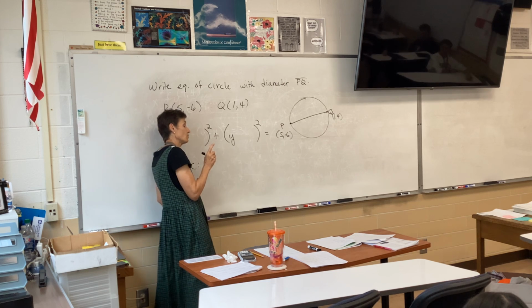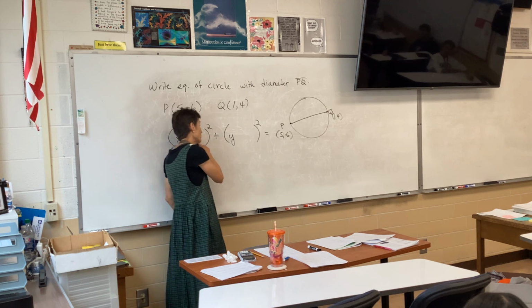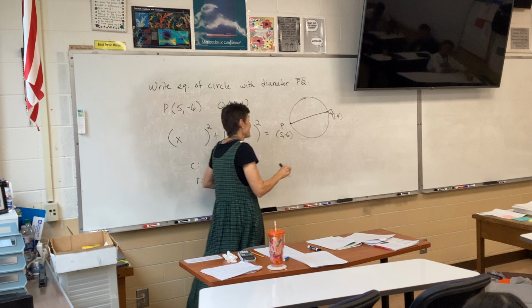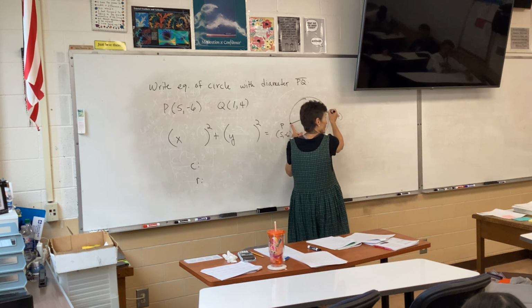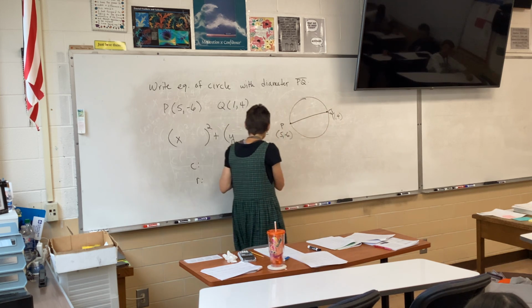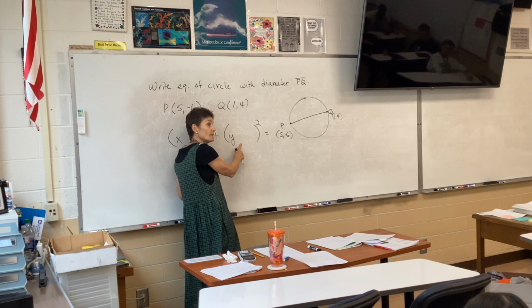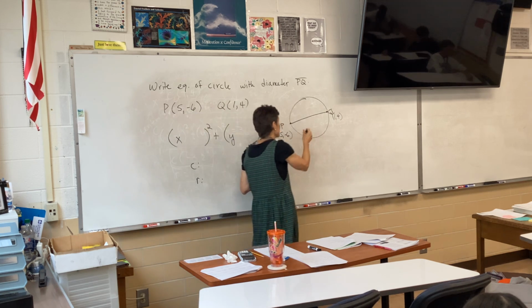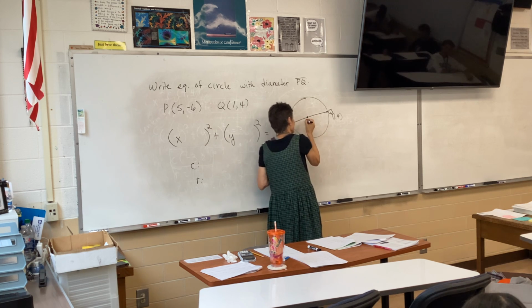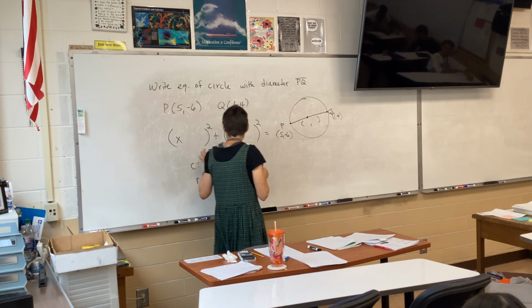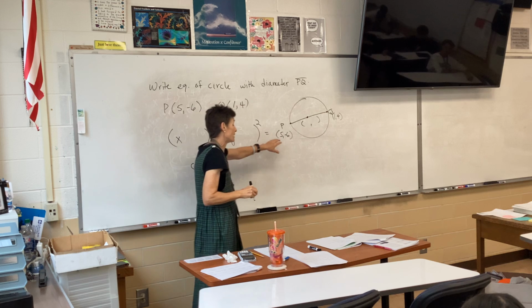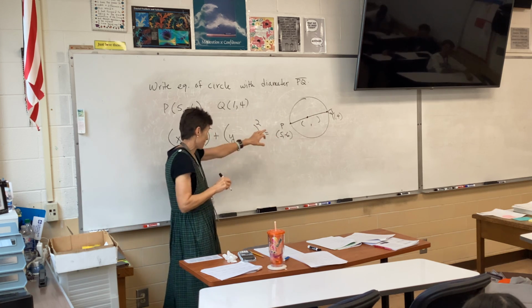Okay, you're really close because you're going to put an x number in here and a y number in here, but it isn't the endpoints that go in there. What goes in here are the coordinates of the midpoint, the center, which is the midpoint. So here, that's the x and the y, Quinn, that you're going to stick in the parentheses. Like you did this one, only you're going to stick in that one.